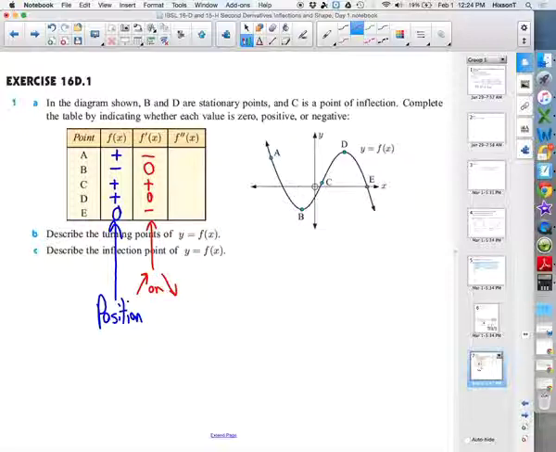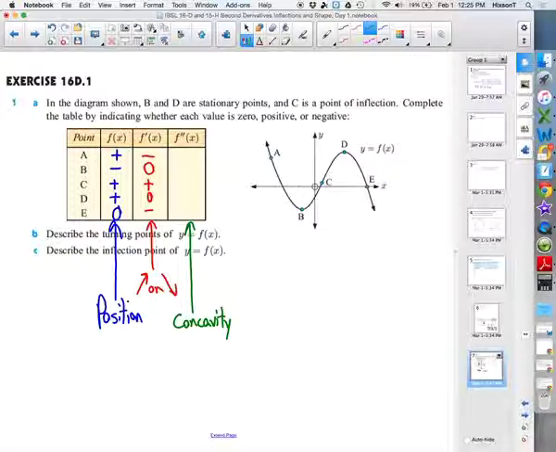Now, our second derivative. This one might be a little harder to see, but we're trying to think in terms of concavity. So at A, what do you think our concavity would be?